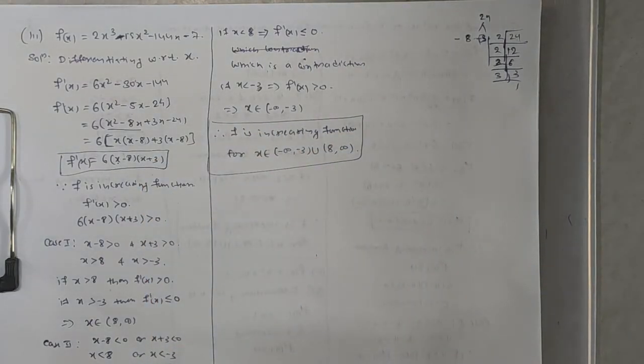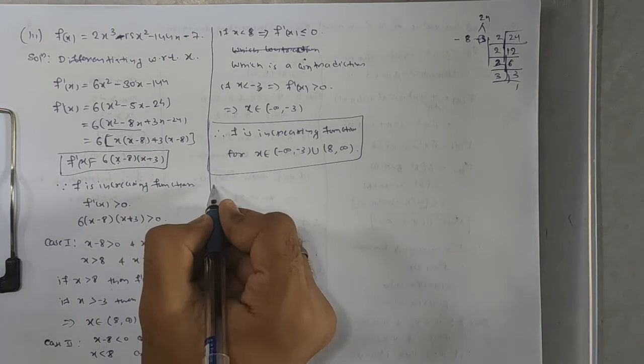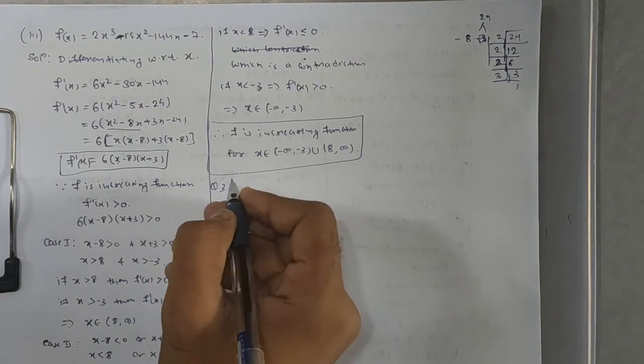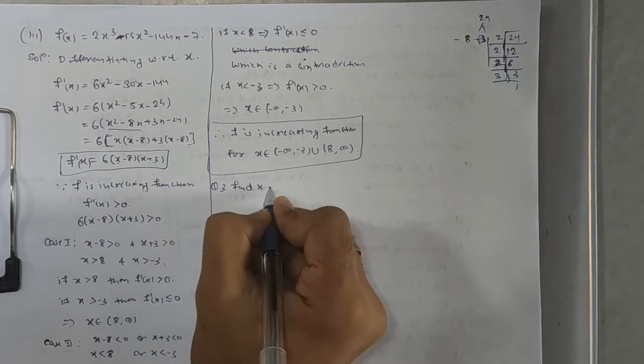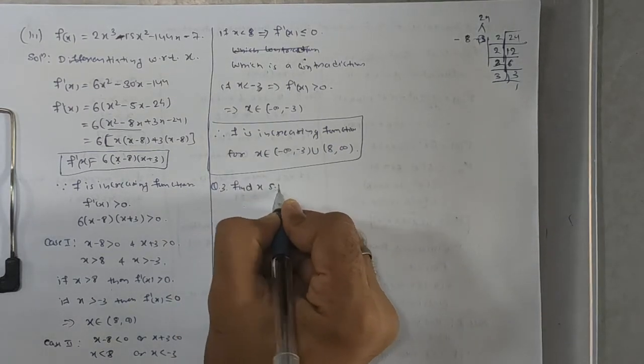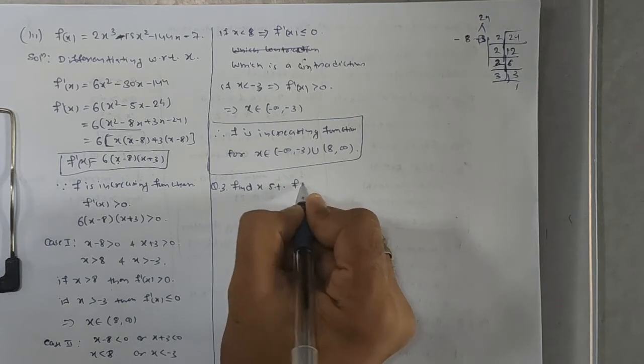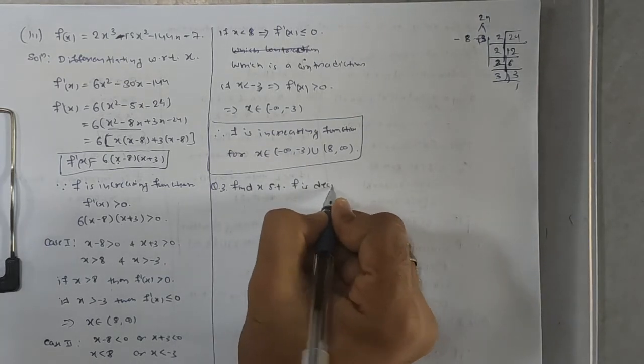Now we will do the same thing for decreasing function, which is in question number 3. So now the question number 3, find x such that f is decreasing.